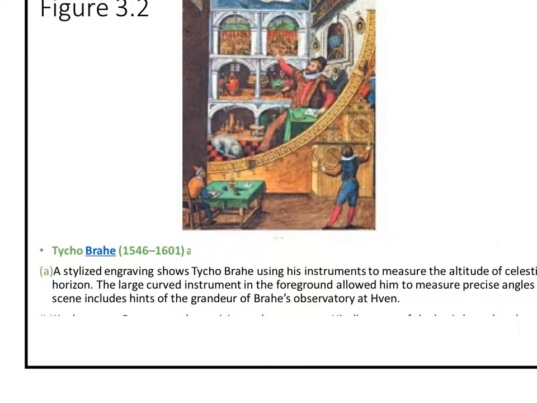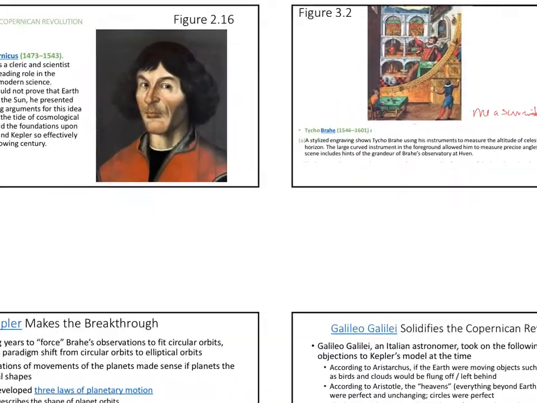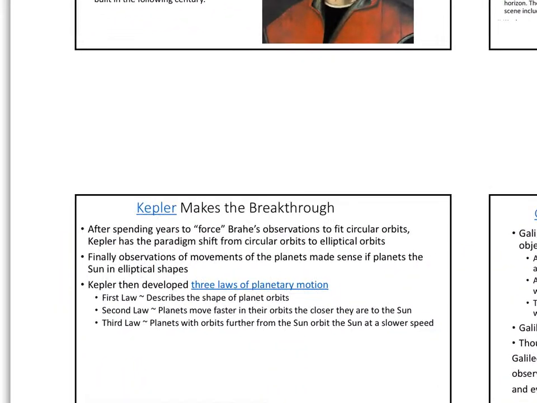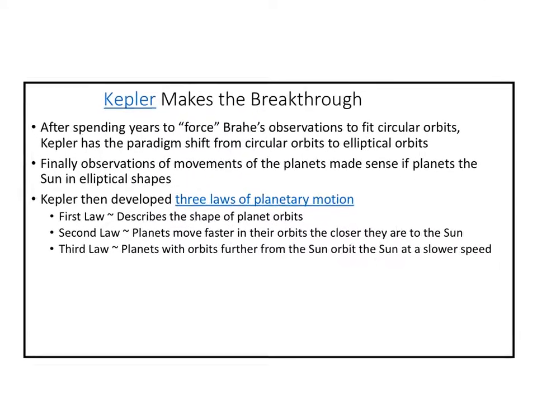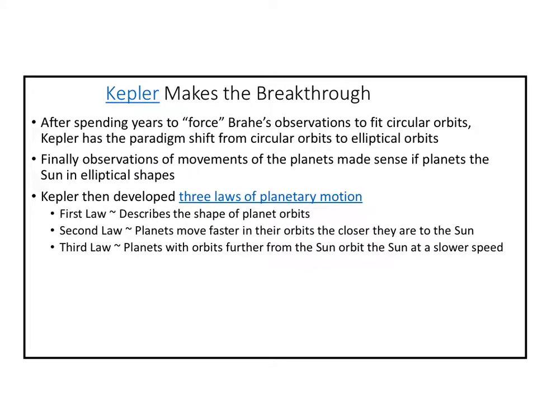Brahe had all sorts of measurements, and that's his fancy measurement tool. But he still needed help understanding the measurements that he took, and so Kepler studied the measurements of Brahe. That's how I think of it.